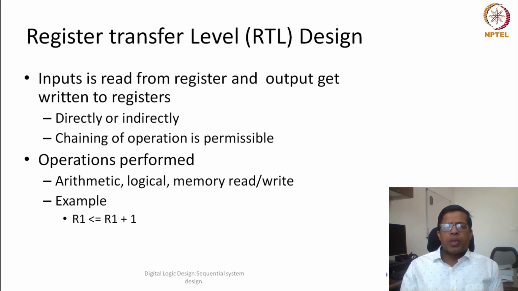Now, when we say they are read from registers and written to a register, for example, if we write R1 is assigned R1 plus 1, then R1 plus 1 is the operation being performed, and the input is taken from the R1 register. Output is also written to the R1 register, but because of this assignment operator, the output will be available at R1 only after the active edge of the clock cycle.